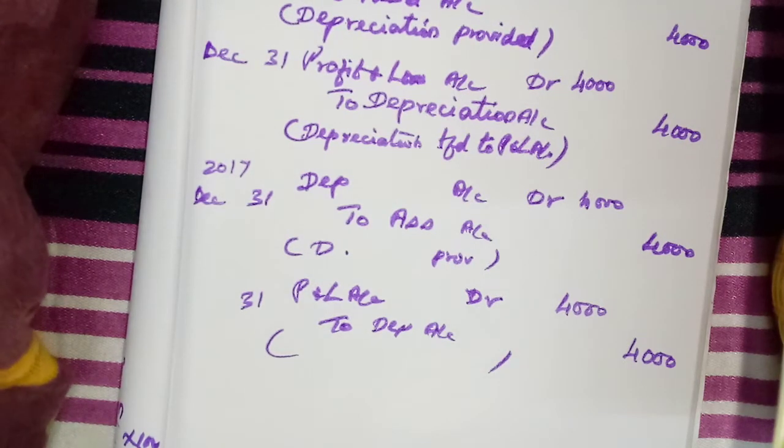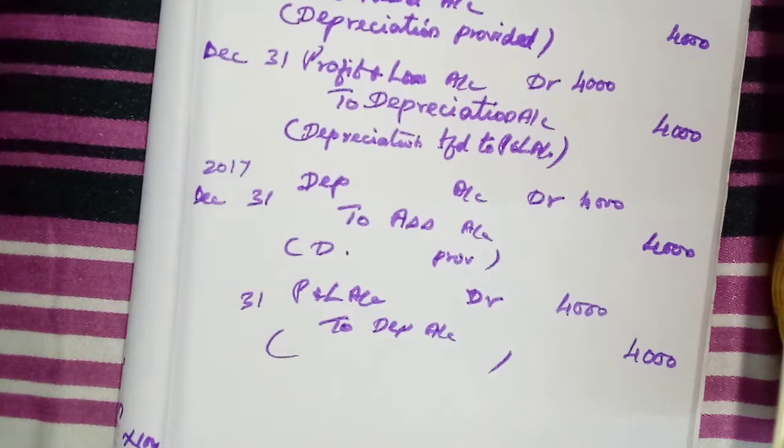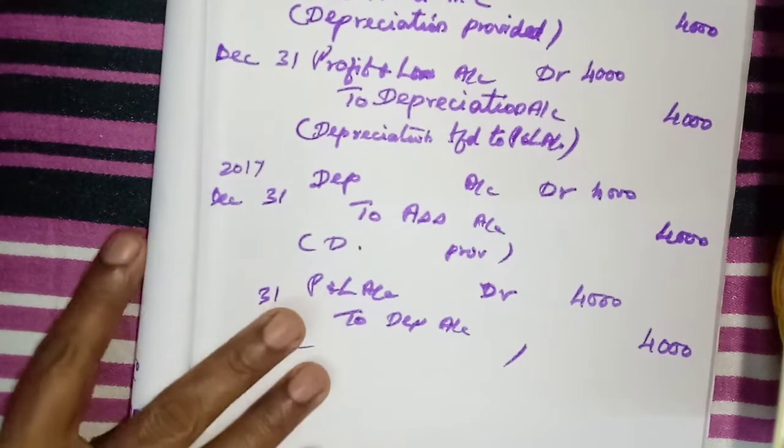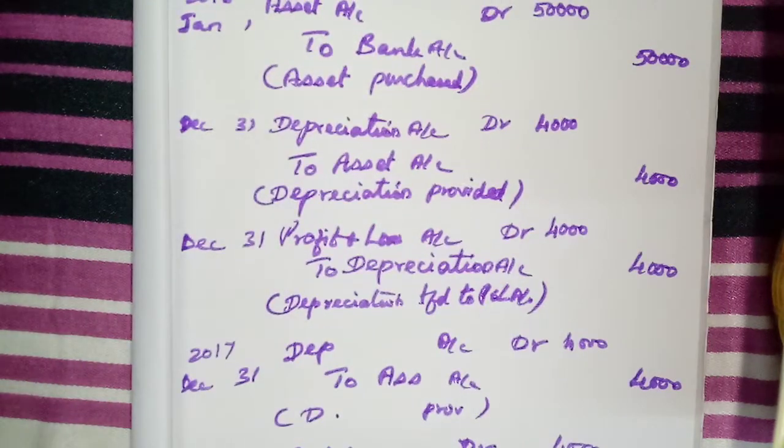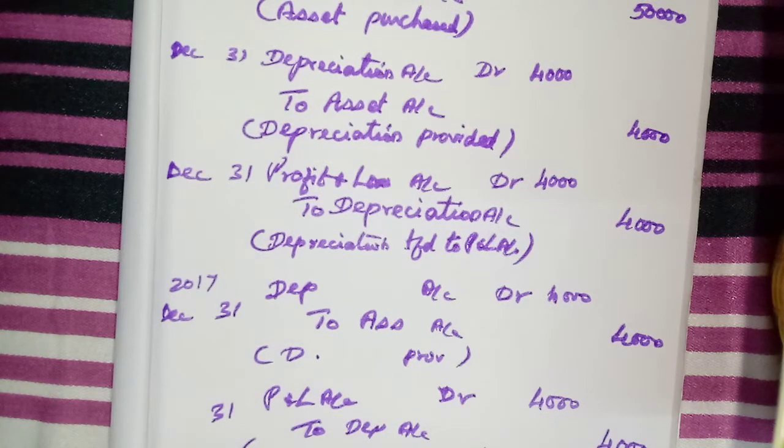From the following particulars, give journal entries for 2 years and prepare machinery account under the straight line method of providing depreciation.